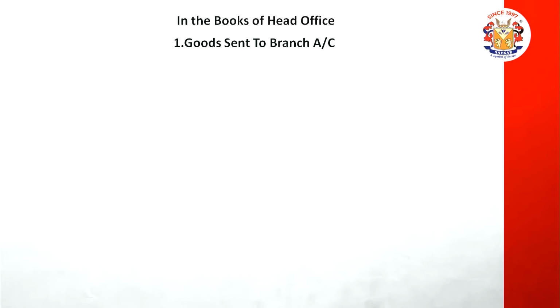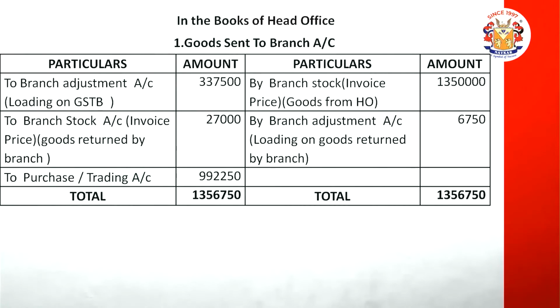First of all, goods sent to branch account. In goods sent to branch account, we will record 13,50,000 on the credit side. It is nothing but goods from HO at invoice price, because branch stock will increase by 13,50,000, but goods of HO will reduce by 13,50,000.